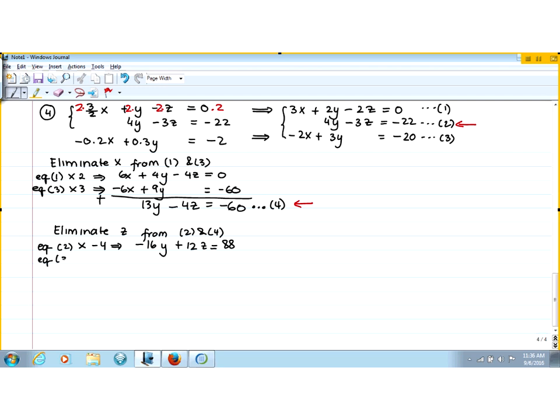Okay. How about equation 4? By 3. So 39y minus 12z is equal to -180.